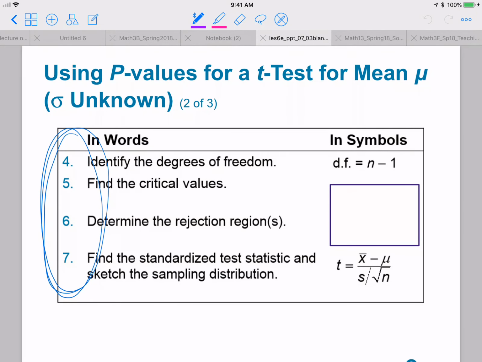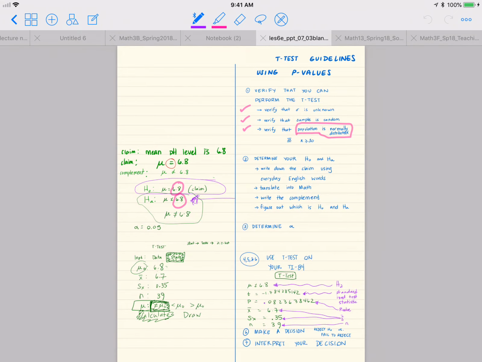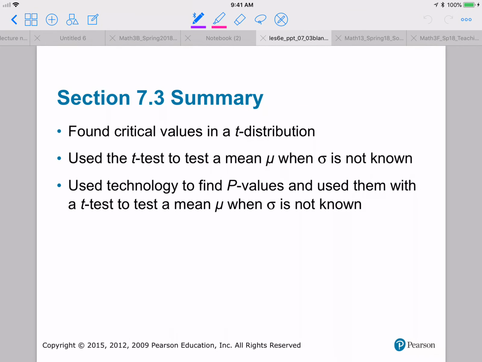So, as you can see, the more familiar you are with the form and filling these out, the more practice you get, the more routine it will become, and the more skilled you'll become at performing a hypothesis test. Okay? So in conclusion, what have we done? We practiced finding critical values in a t-distribution using inverse t. And then we used the t-test to test a mean when sigma is not known. So we used the calculator, which is t-test.